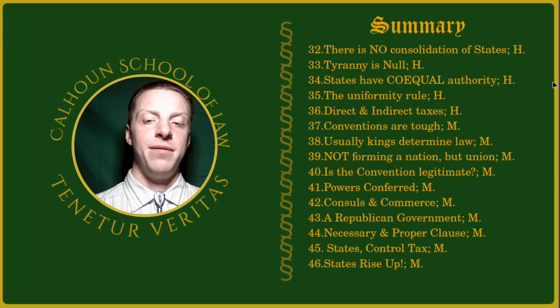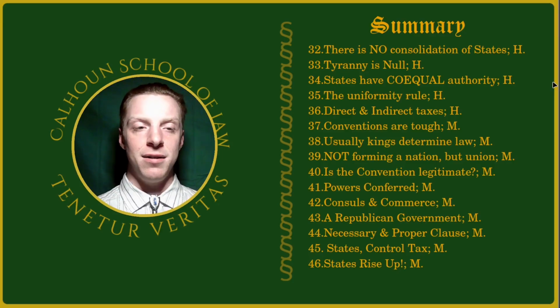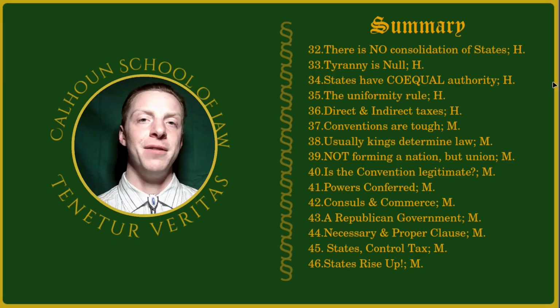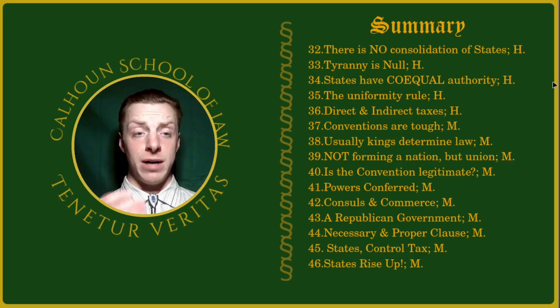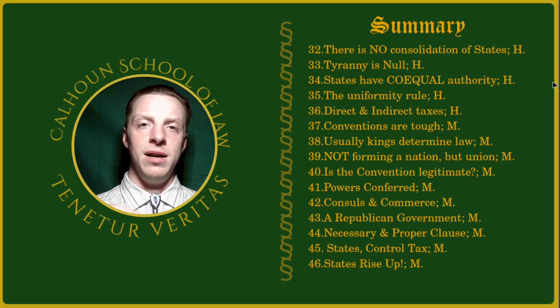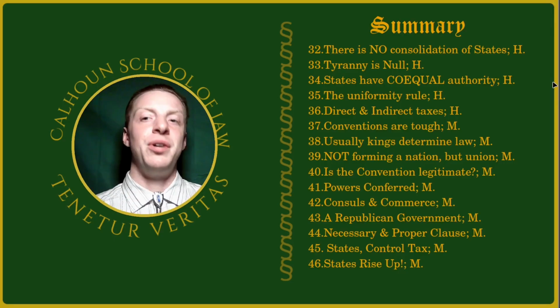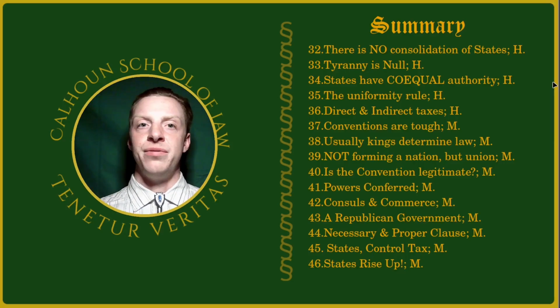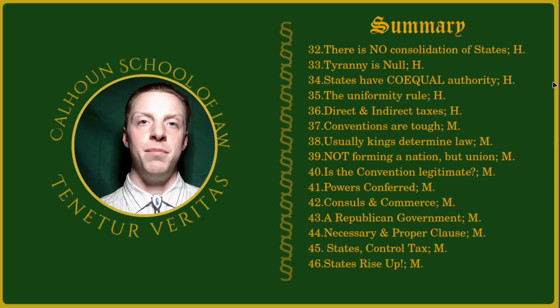Number 45, Madison makes the case for why the states should determine how the taxes are collected. So the federal government, like the states, can provide for a budget, but ultimately it's up to the more compartmentalized body politics to figure out how they're going to raise the revenue sufficient to accommodate the budget burden.